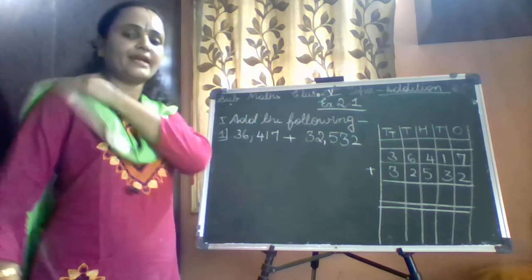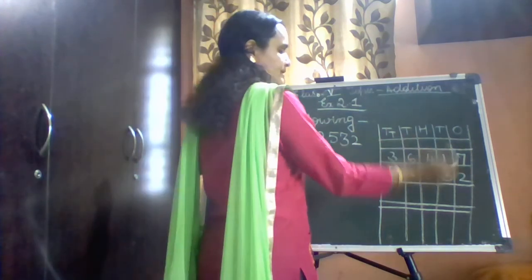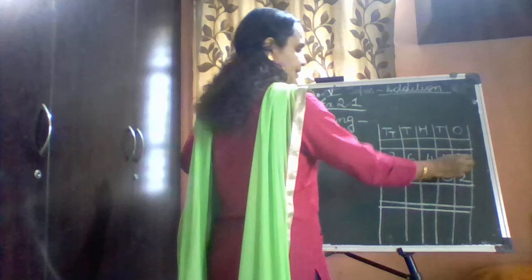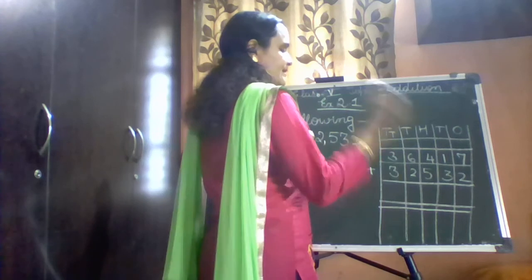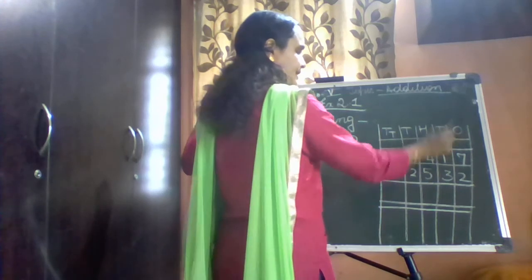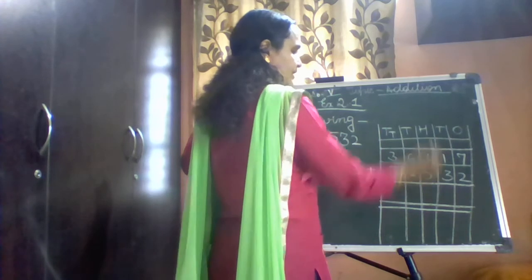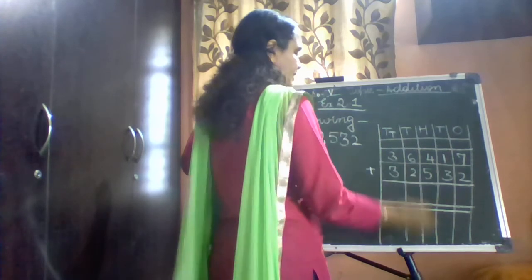So first we will read the numbers according to the place value. How do you read the number? 36,417. Repeat along with me. 36,417. The next one, 32,532. Repeat, 32,532.